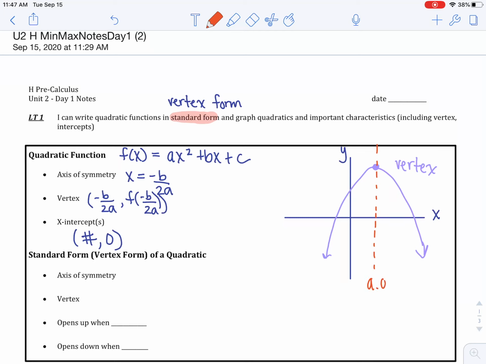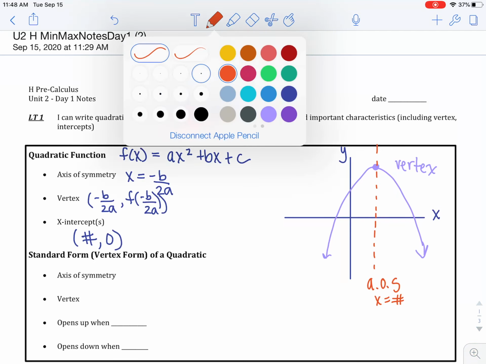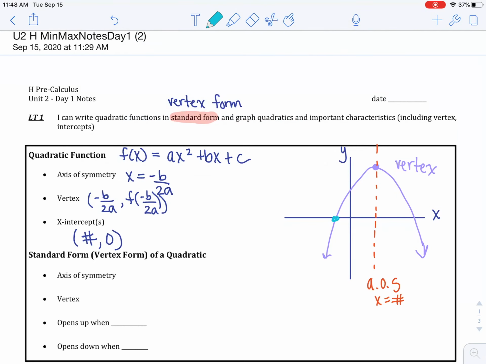That's my axis of symmetry, AOS to abbreviate. Remember, that's always x equals the number. Then we have our x-intercepts, and then our y-intercept. All right, so that's just the quadratic function, right?